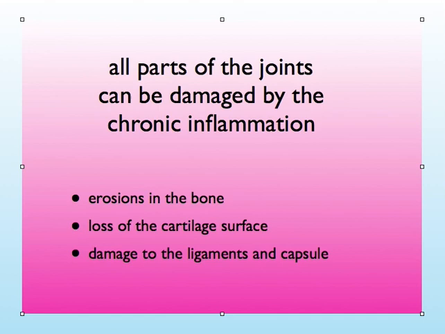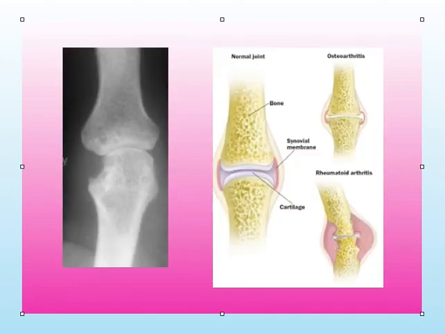All parts of the joints can be damaged by the chronic inflammation. There can be erosions in the bone, there can be loss of the cartilage surface, and there's also possible damage to the ligaments and joint capsule. An X-ray may show a large hole or divot called an erosion taken out of the bone right next to the joint.